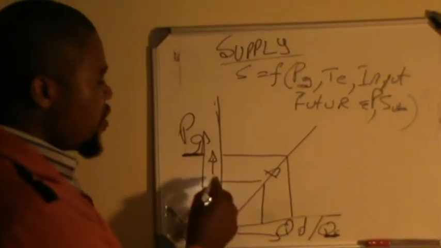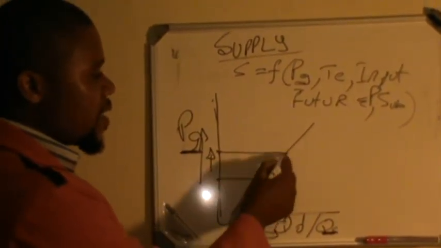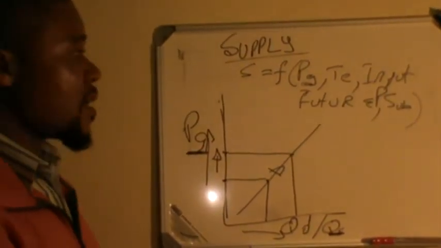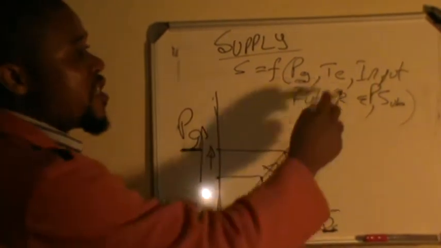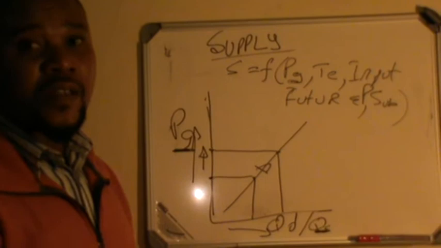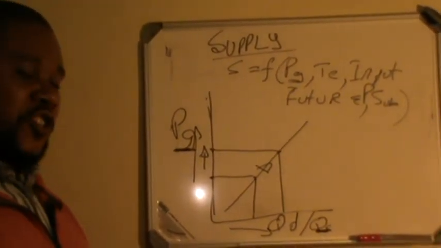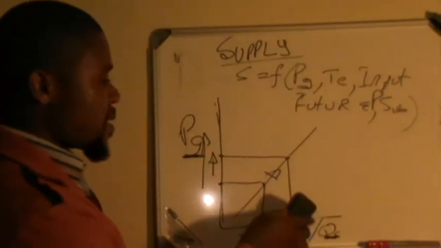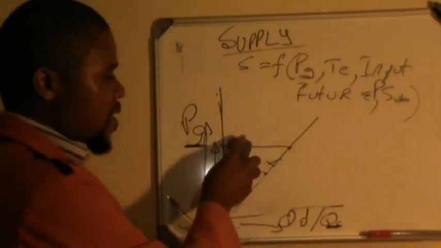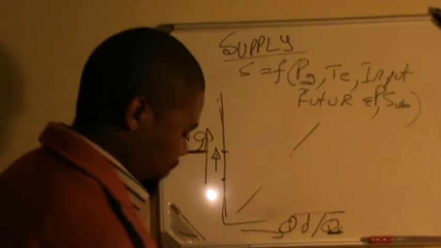So a change from this price to that price would lead to a movement along the supply curve. But a change in all the other factors of supply would lead to either a shift outward of the supply curve or a shift inward. Some textbooks again refer to this as a rightward shift versus a left shift of the supply curve.